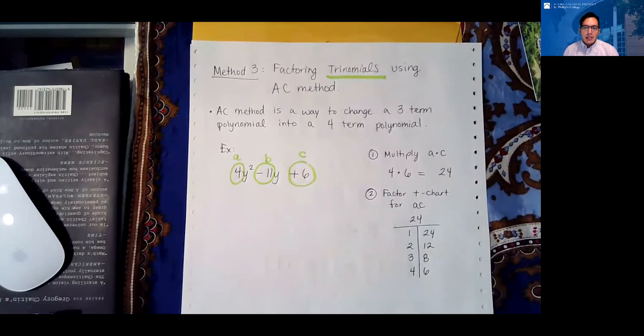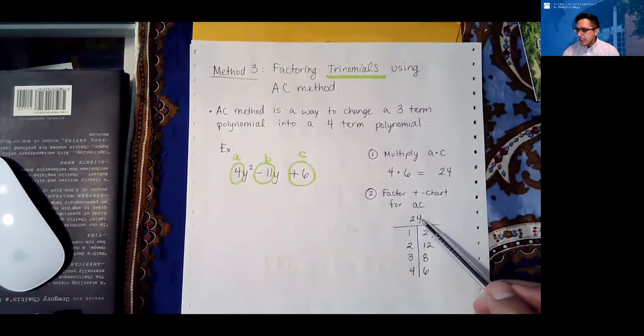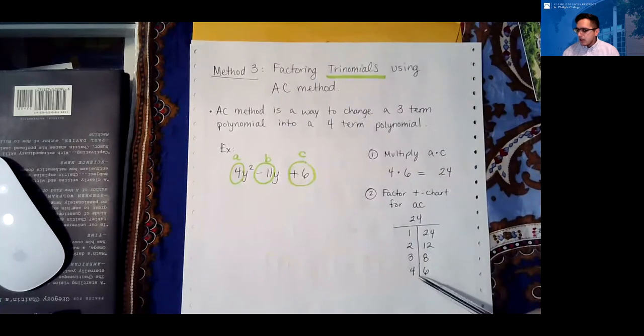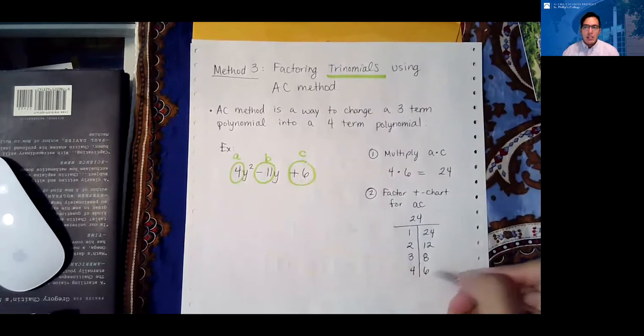I like to start with the smaller numbers to see what we can multiply to make this number up here, this A times C. And once these numbers get close to each other, that tells you that you're done with the factorization chart. Because like I said, we did 4 times 6, that's 24. 5 doesn't work. And then we could write 6 times 4, but we already have 4 times 6, so we can stop there.